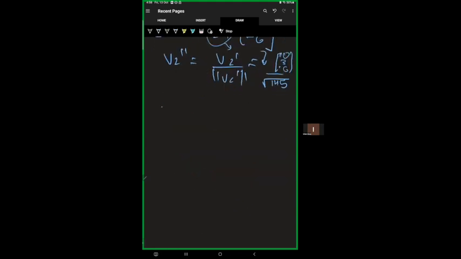Now, to calculate V3 dash, we take V3, we remove the projection of V3 along V1 dash, i.e. we remove that component of V3 which lies along V1 dash, and we also subtract the projection of V3 along V2 dash. And as mentioned previously, we can calculate the projection vectors.